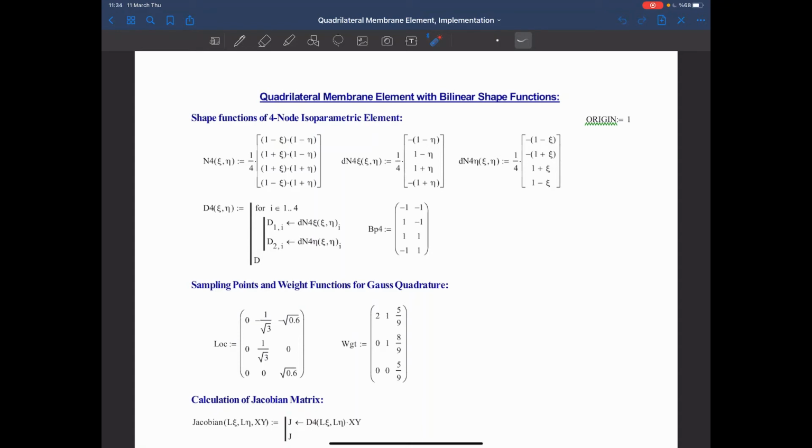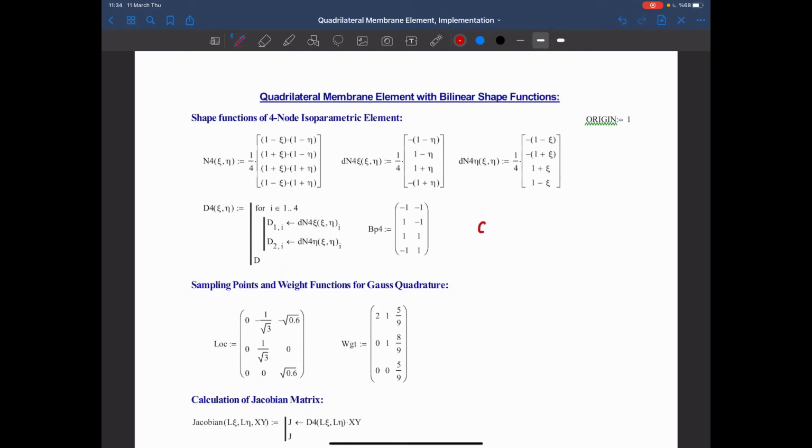Now, remember that we did the formulation in the Cartesian coordinate system, but the equations given here are in the natural coordinate system. So very briefly, let's discuss how we can transform equations written in the natural coordinate system to Cartesian and vice versa.